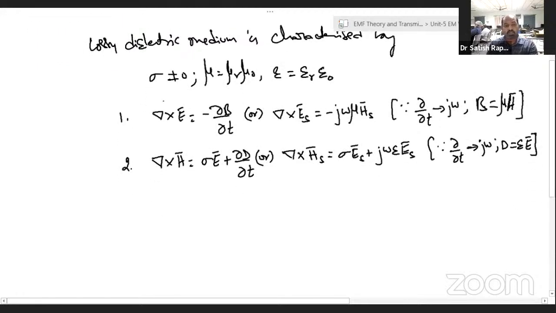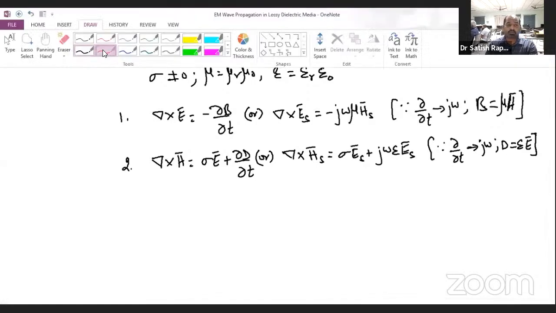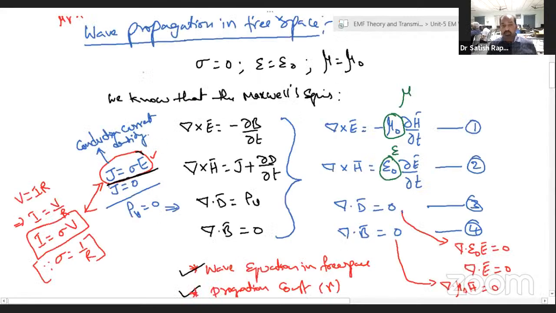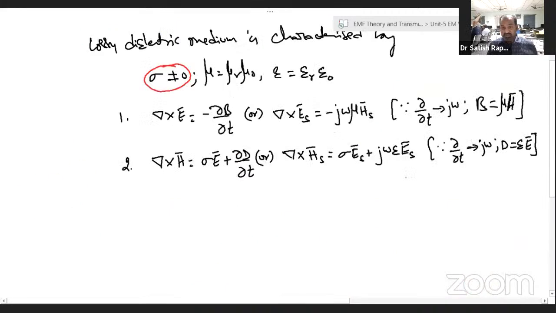Here sigma is not equal to 0, and you need to remember that. Earlier sigma was 0, so J was 0 and the first term on the right hand side was equated to 0. But in this case sigma is not equal to 0, and that is the only difference.